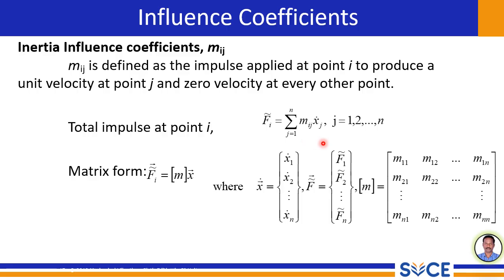The impulse at point i due to velocity at point j is given by the product of the inertia influence coefficient m suffix ij and the velocity x dot j, where the sum is taken over all j from 1 to n. This set of linear equations can be represented in matrix form as shown below, where f is the impulse vector, x dot is the velocity vector, and m is the inertia matrix, where each element is the inertia influence coefficient m suffix ij.